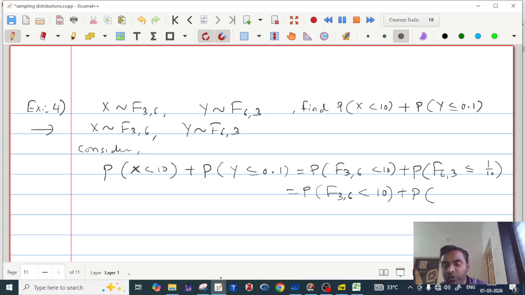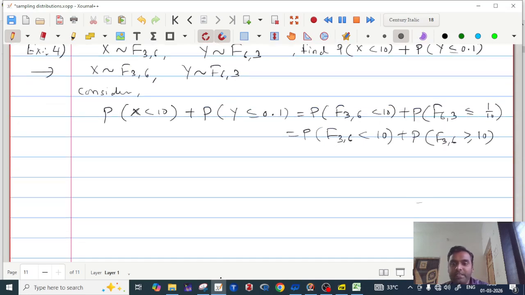Now by the reciprocal property of F distribution, if you take the reciprocal of this F63, it will be F36. If you do the reciprocal, the sign will be changed. The reciprocal of 1 upon 10 is 10, and F36 less than 10 plus probability of F36 greater than 10.